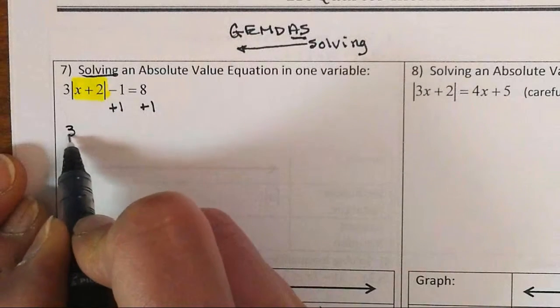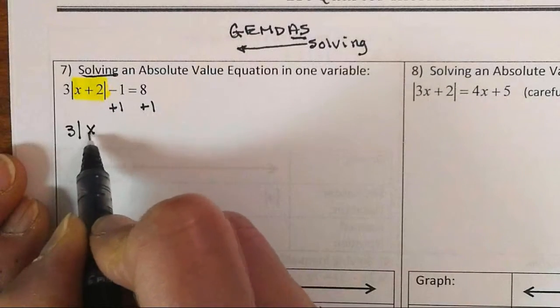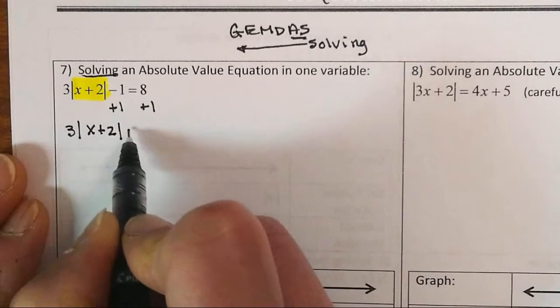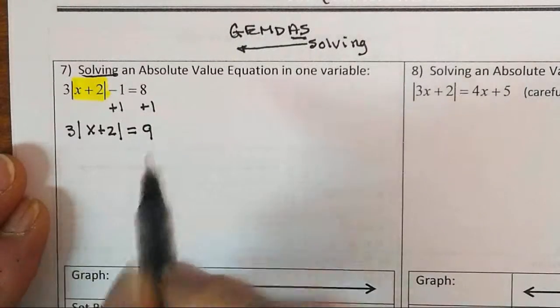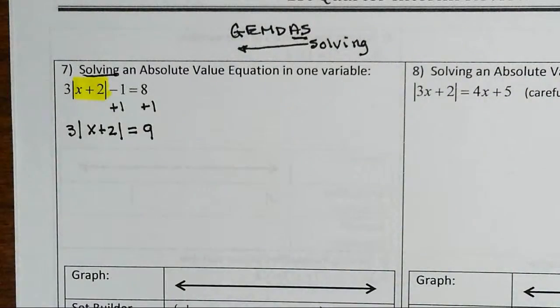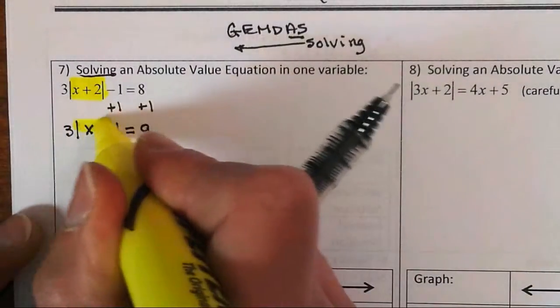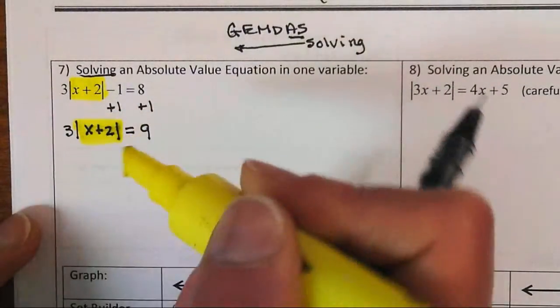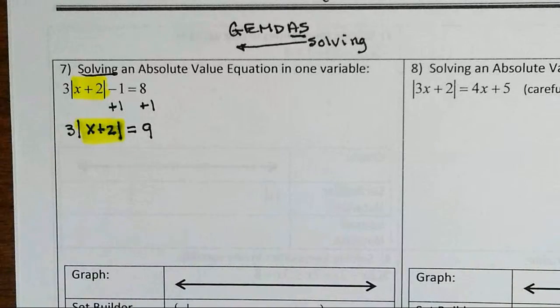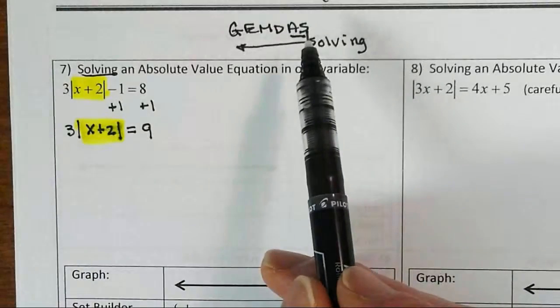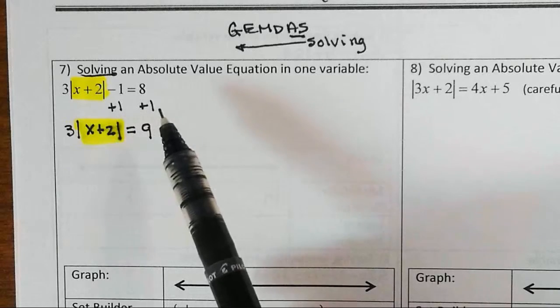So that gives me 3 times the absolute value of x plus 2 is equal to 9. So I still have my absolute value. My x is still in jail. I've looked, something was being added or subtracted to it, I got rid of it.